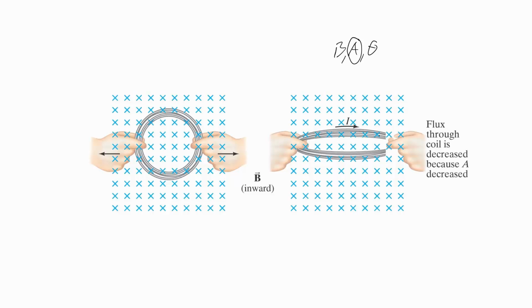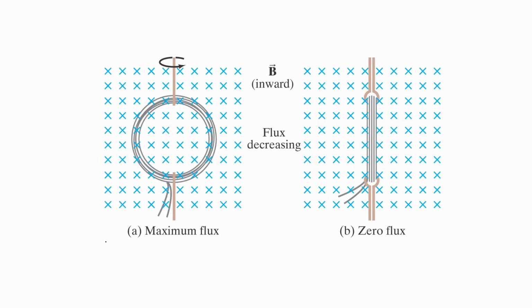So the loop itself is going to try to create more flux into the page. So in order to do that, you can use your right hand rule, curl your fingers around the loop. Well, I guess initially you'll point your thumb in the direction you want the field, so that's going to be into the page, and that will leave your fingers curling around this way. So flux was decreasing, and so it's going to try to go in the original direction of flux and keep it from decreasing.